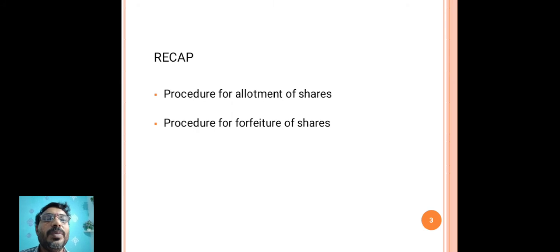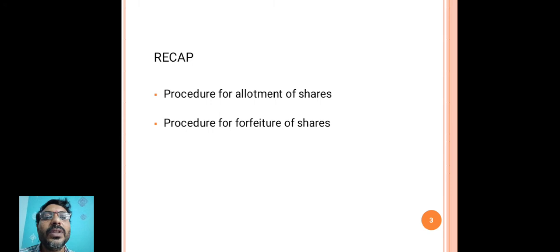So the prospectus contains the total information, that is the legal procedures, the particulars of directors, the types of shares issued, and the rights of shareholders.